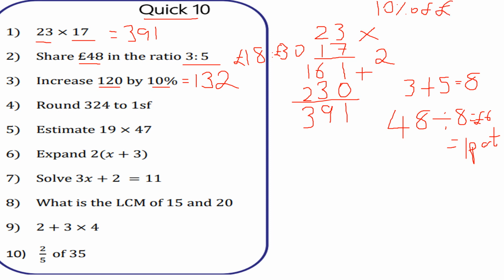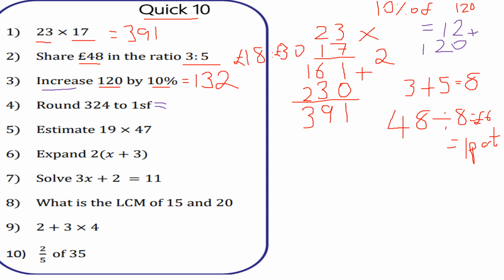Oh, I've put a pound sign there, I apologise, hopefully you can forgive me. 120 divided by 10 is 12. I'm then going to add that on to 120 because I'm increasing it. I'm essentially multiplying 120 by 1.1, and I get 132. I added on this 12 to 120 and I get the answer of 132.